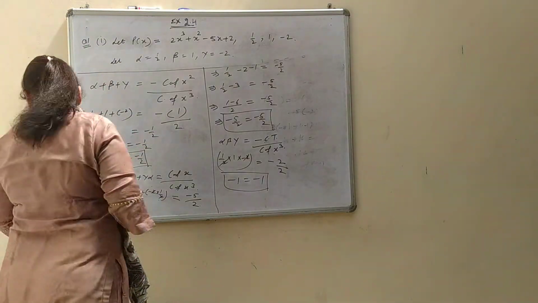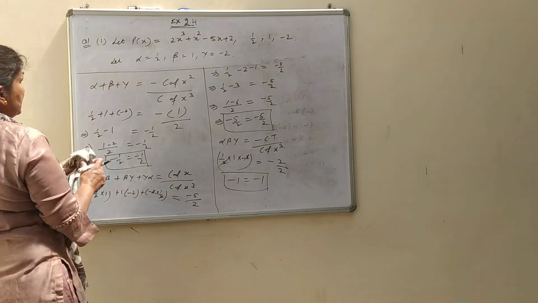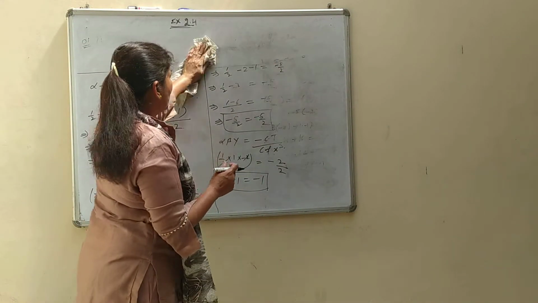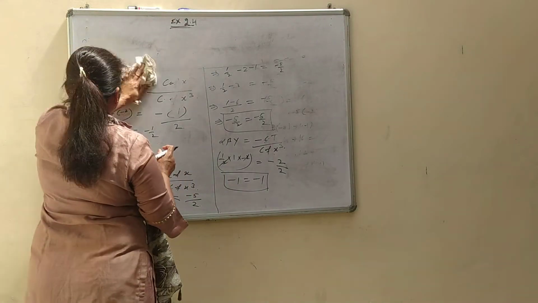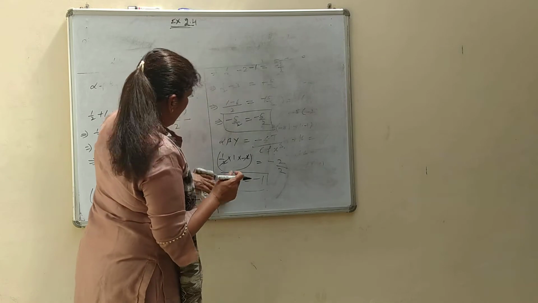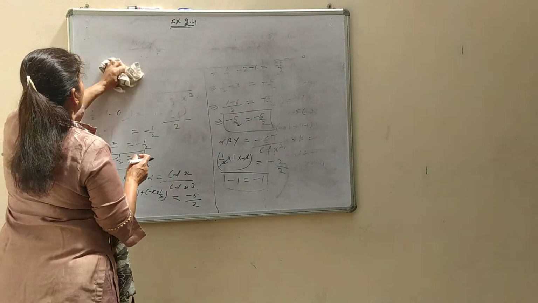After that, we will start the second question of this exercise. In the second question, we have to form a cubic polynomial. We are given the sum of zeros, product of zeros taken 2 at a time, and product of zeros taken 3 at a time.